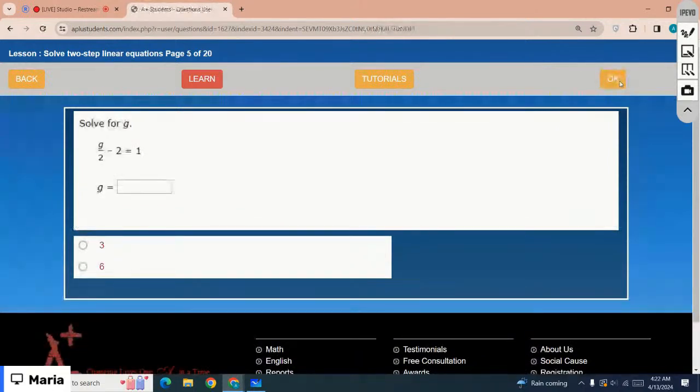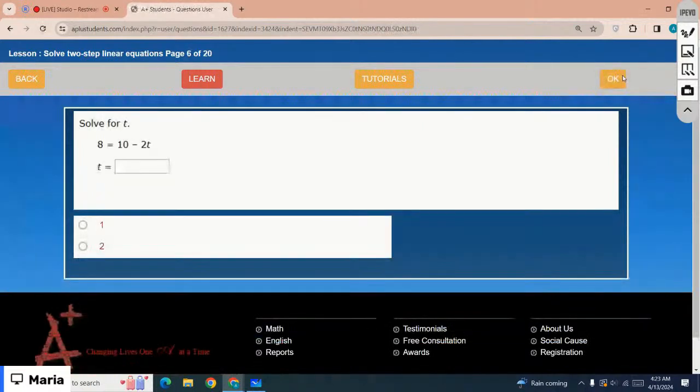Solve for G, which is the correct option. Yes, the correct option is 6. Solve for T, which is the correct option.